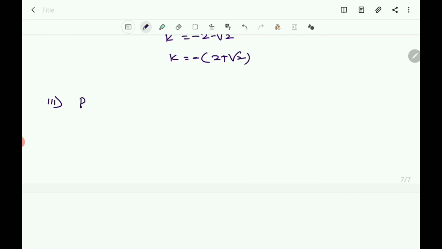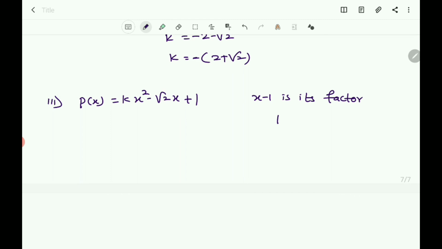P of x equals kx square minus root 2x plus 1. Its factor is again the same, x minus 1 is its factor.